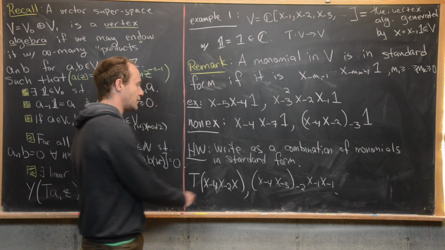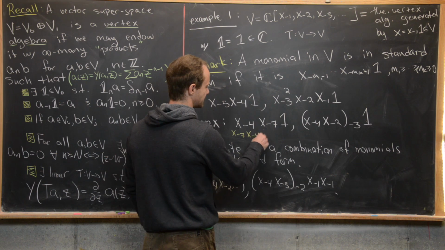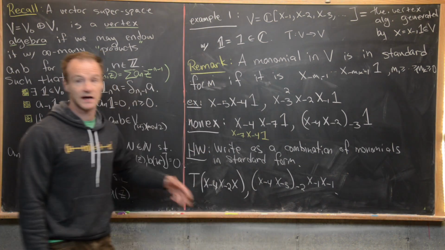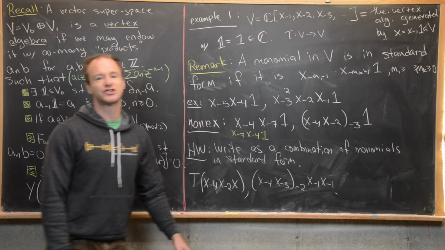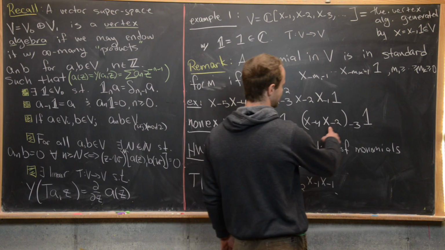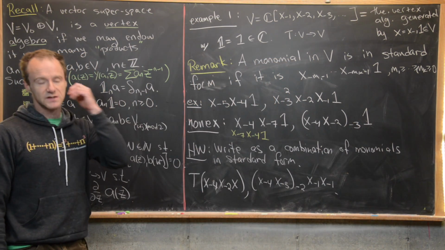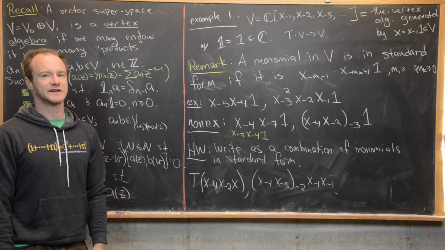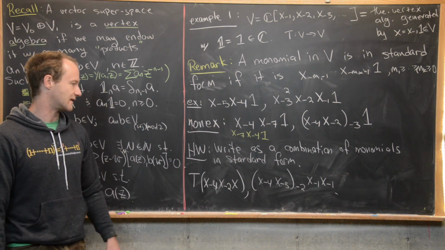So this has a simple fix of just rewriting it as x sub minus 7, x sub minus 4, 1. Because again, we're in a commutative vertex algebra. But then this guy is associated incorrectly. So we've got x sub minus 4, x sub minus 2, sub minus 3, 1. So we've got to do some tricks involving the vertex operator and the stuff that we did on the previous boards in order to expand that.